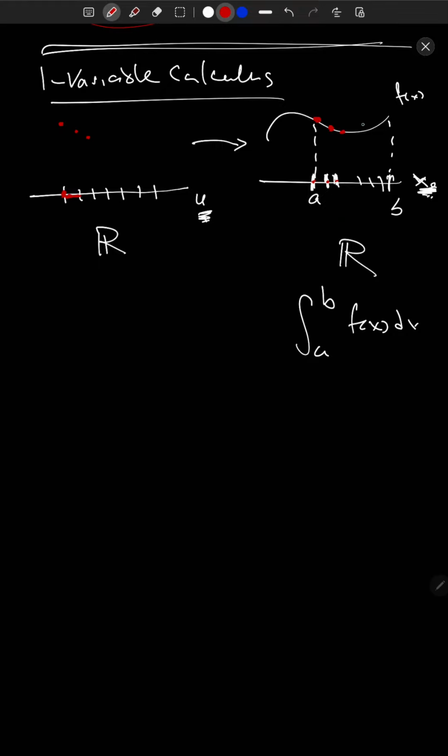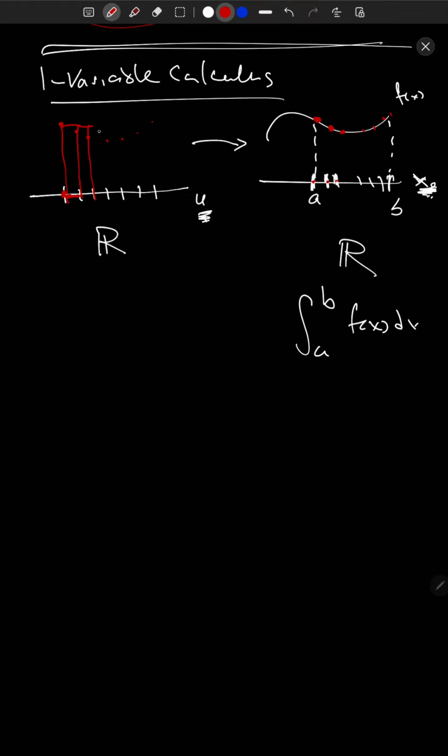And we keep doing this. There, there, and there. Perhaps we get a picture like this. And what we do on this left-hand side is we add up these rectangles, the areas of the rectangles.